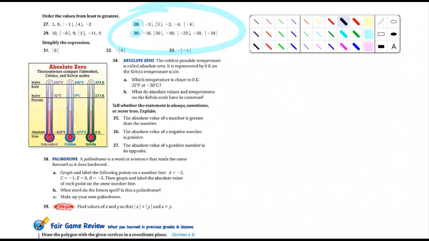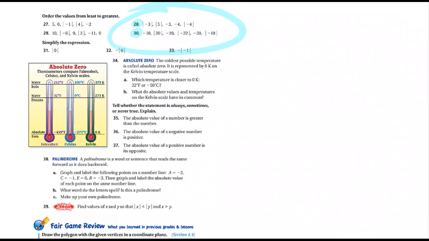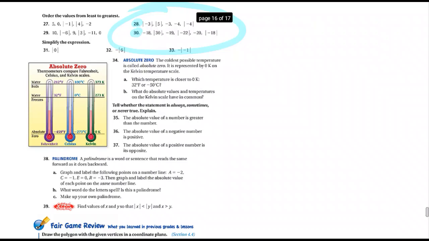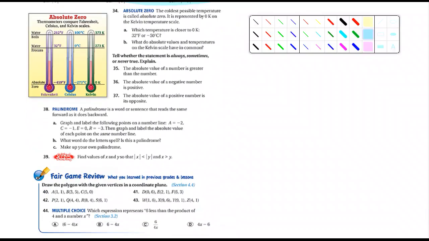All right. Let me see here. What else? We could do 31, 32, and 33. You could, but I don't want you to because they're so easy. You should just do 40, 41. Always, sometimes, or never true.